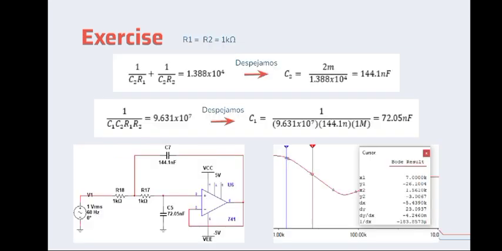As we can see, capacitor 2 is 144 nanofarads and capacitor 1 is 72 nanofarads.